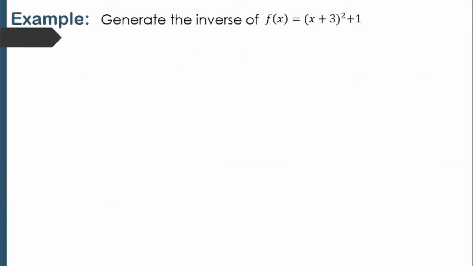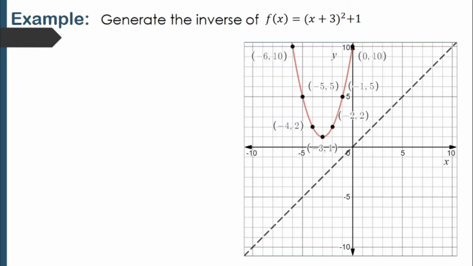So if I ask you to generate the inverse of this particular function, (x + 3)² + 1, there are many methods that I can use to generate the inverse. For example, we can graph this function and then pick a few points on the graph, just like this.